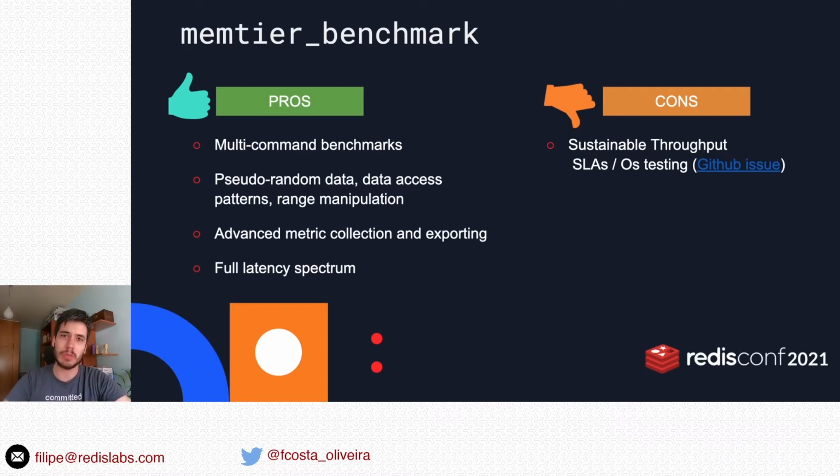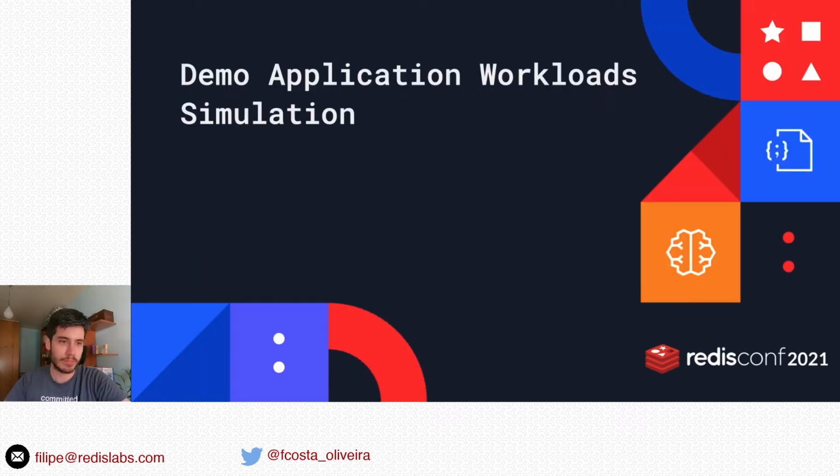It's something that we've been discussing, and we are aiming to provide it in future releases of memtier benchmark. So if you have an opinion, or if you have ideas about how to properly implement it, please follow the following GitHub issue and share your thoughts. We more than welcome both issues and PRs to that tool.